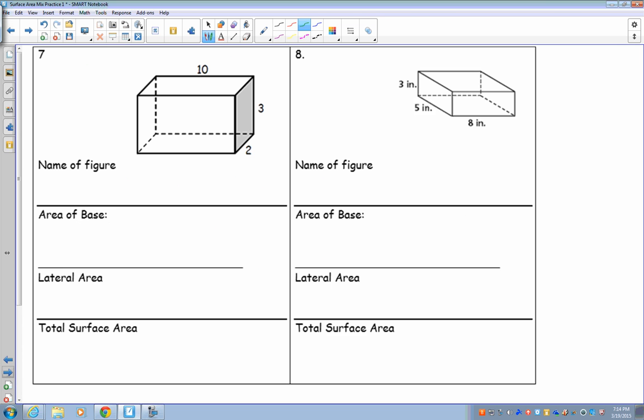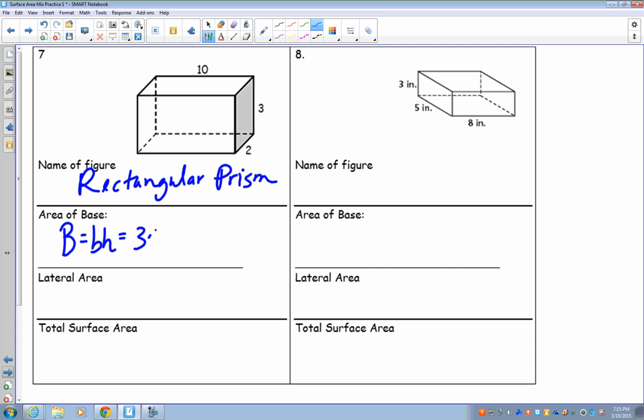All right, so the next one at the bottom of your page is a rectangular prism. The good thing about this one is the base is already shaded for you. To find the base, which is the rectangle, even though it looks kind of like a square, you do base times height of that rectangle, which is 3 times 2, giving you 6 units square.